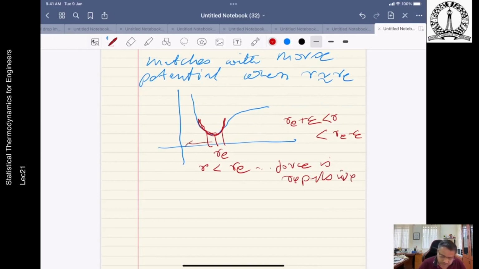When R is greater than RE, going in this direction, the force is attractive.